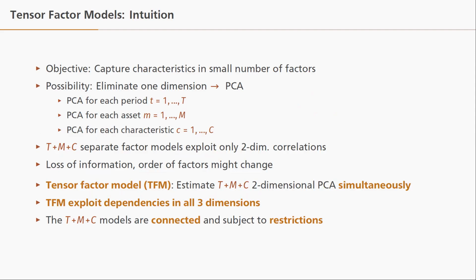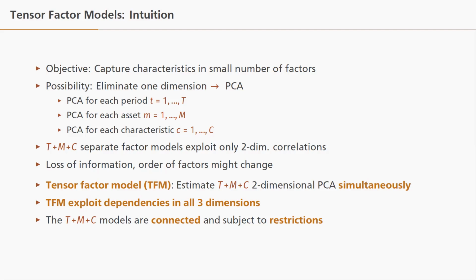One thing we could do is eliminate one dimension and do PCA. For example, we could do a two-dimensional PCA for each period, right? For the first period, we have a matrix of characteristics across assets in that period. So we can estimate T two-dimensional PCAs, one for each of these slices in that dimension.